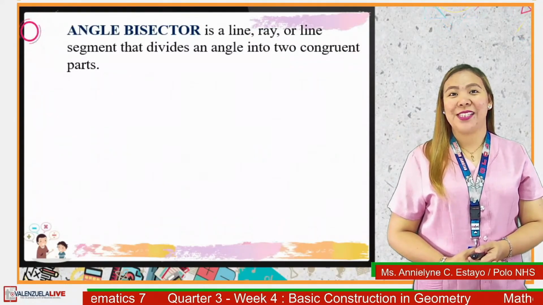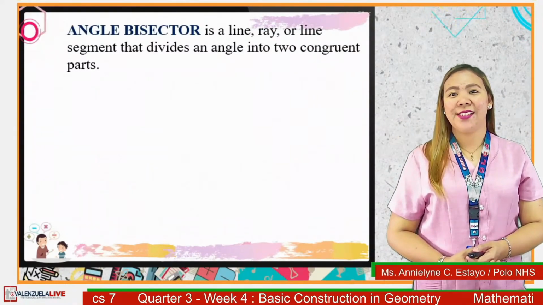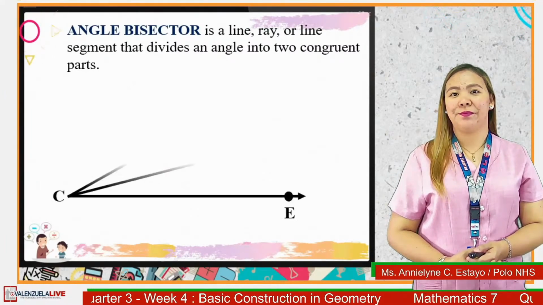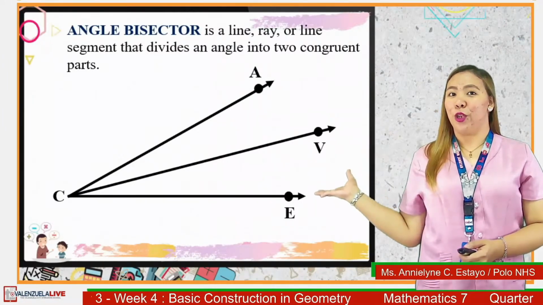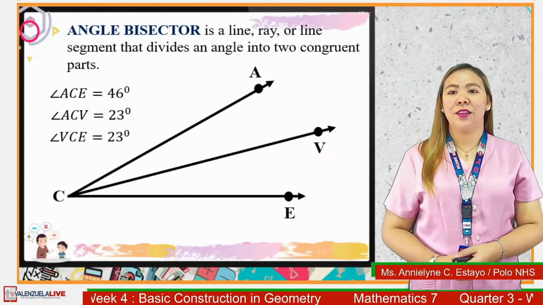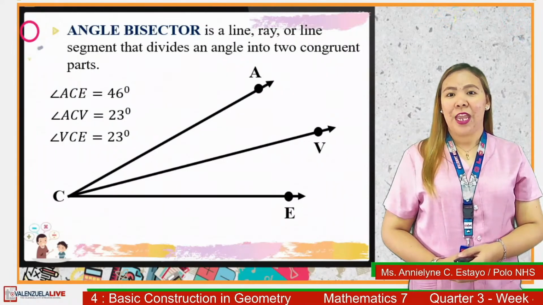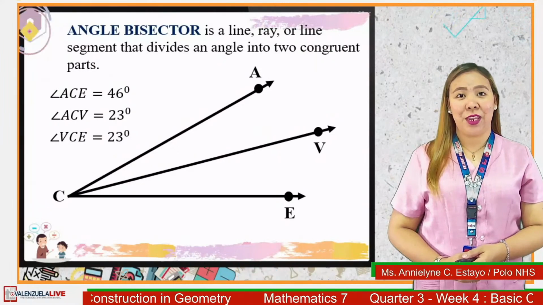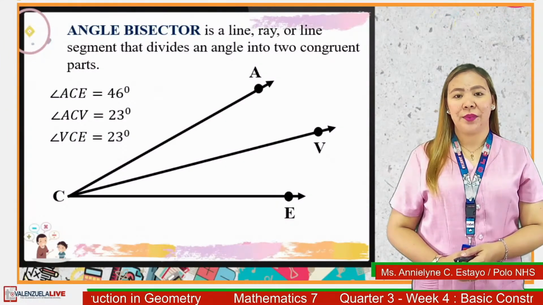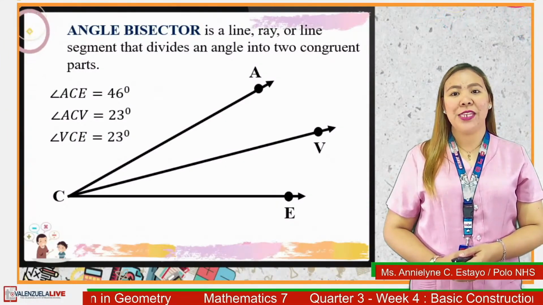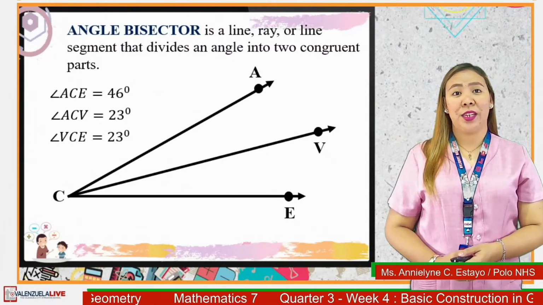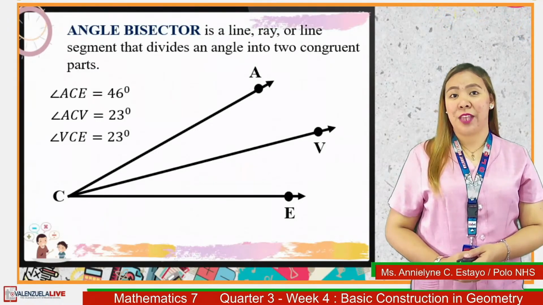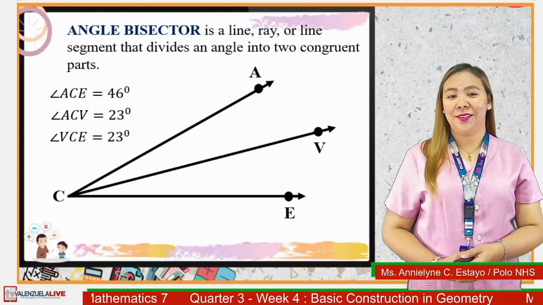Angle bisector is a line, ray, or line segment that divides an angle into two congruent parts. In the given figure, if the measurement of angle ACE is 46 degrees, measurement of angle ACB is 23 degrees, and the measurement of angle BCE is also 23 degrees, can we say that ray CB is an angle bisector of angle ACE?